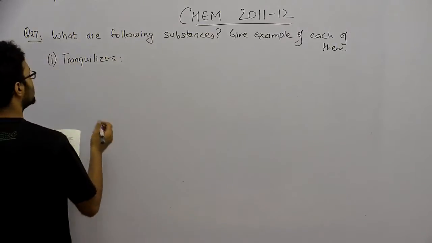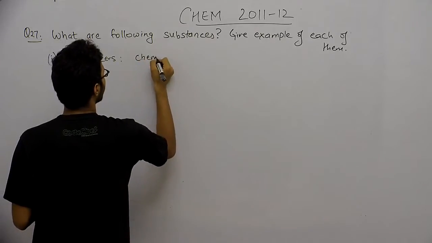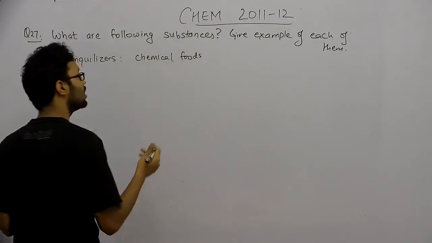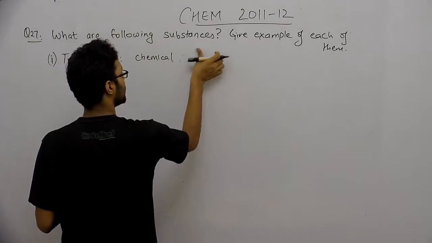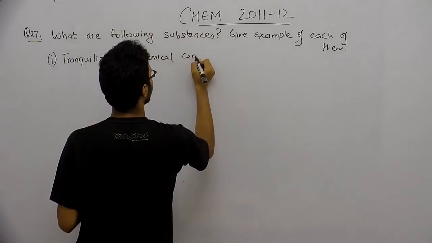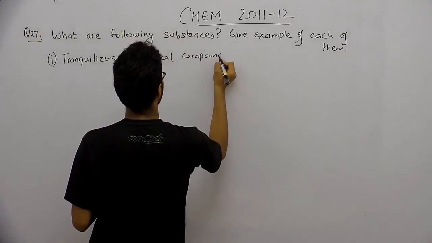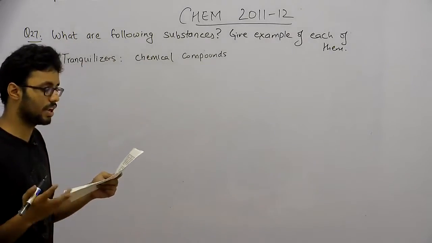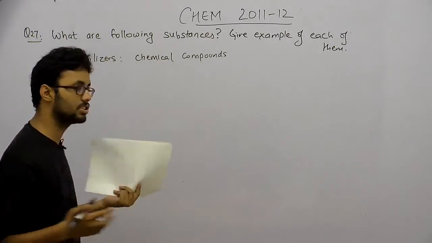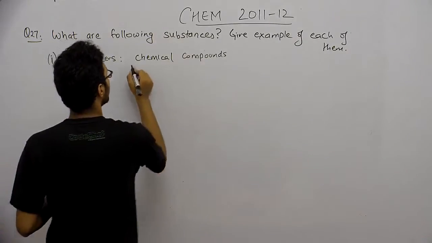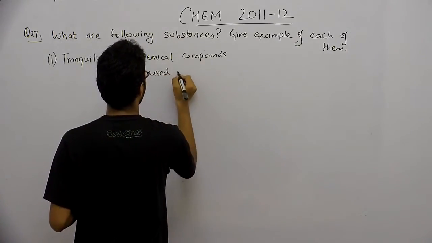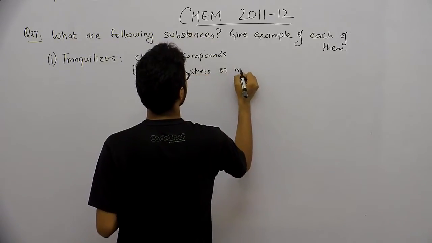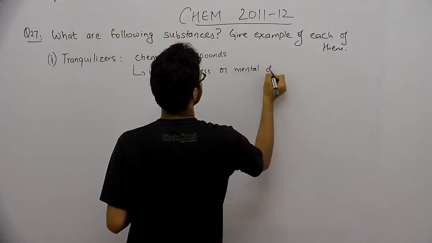So tranquilizers are chemical compounds, we must say, they are used in the treatment of stress and mild or even severe mental diseases. So they are used in stress or mental diseases.